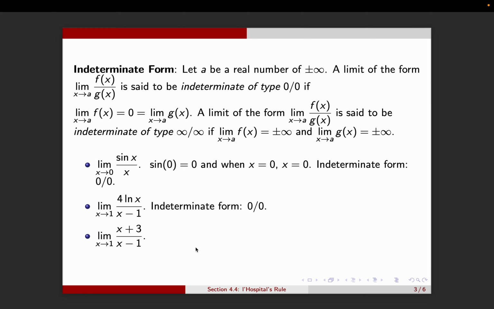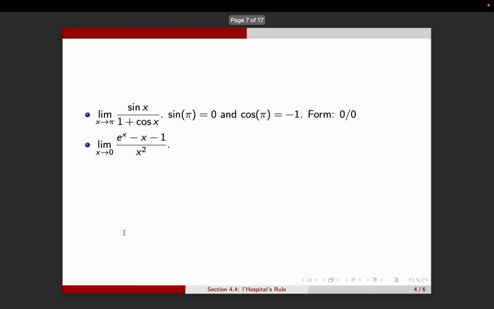When I show you L'Hopital's rule here in a second, L'Hopital's rule only works for fractional limits of type 0 over 0 or infinity over infinity. So you cannot use L'Hopital on this limit right here. You have to have 0 over 0 or infinity over infinity. And we actually know from chapter 2 how to handle this. If you plug in a 1 for x, you get 4 over 0. And so we know this limit doesn't exist. We don't have to learn anything new to say that.